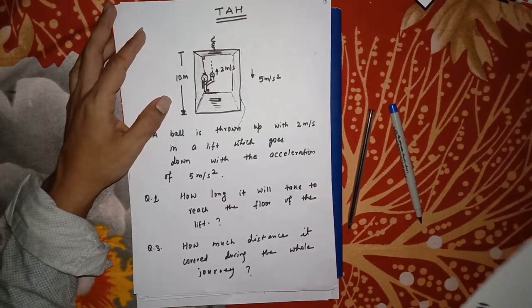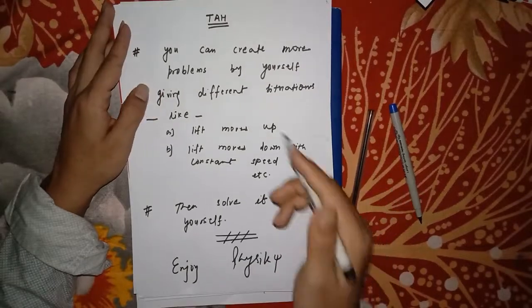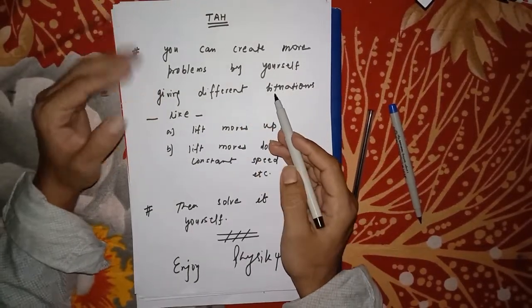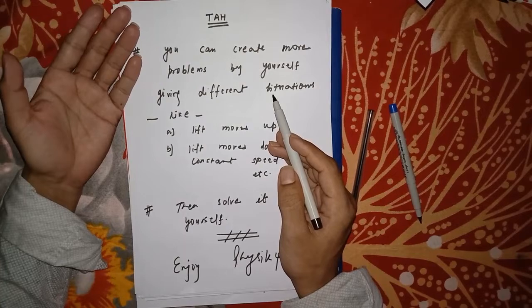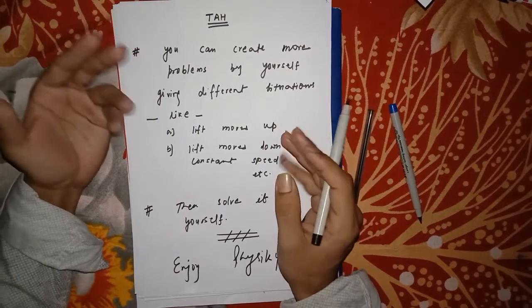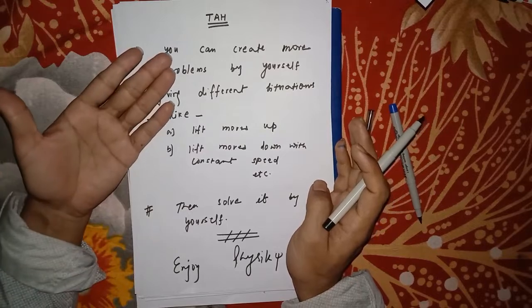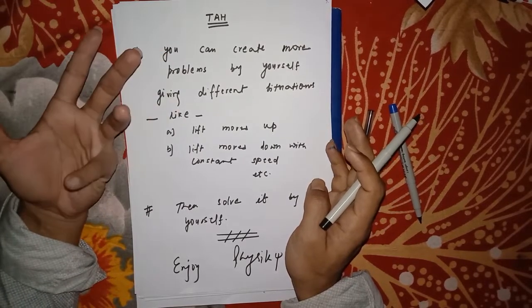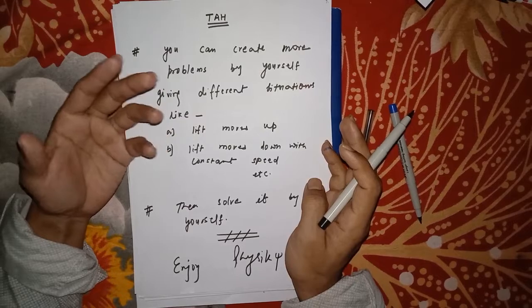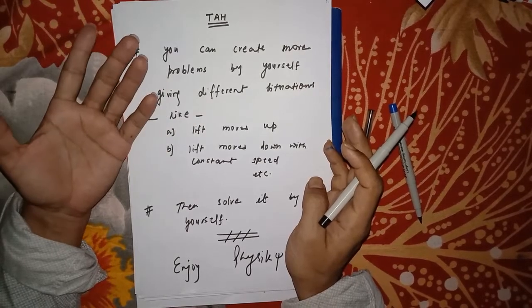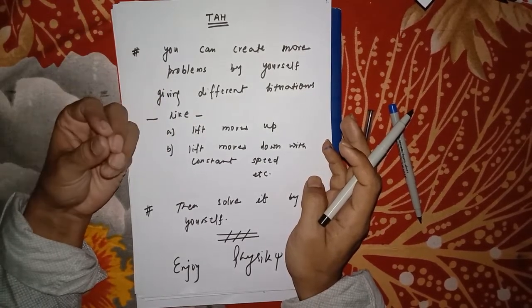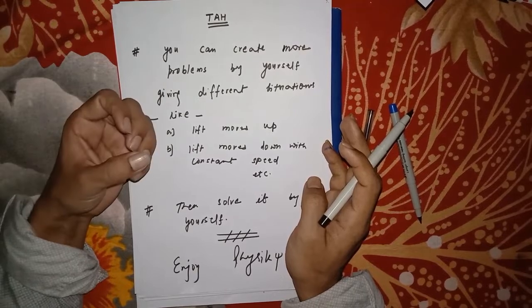And another problem, you can create more problems by yourself, giving different situations in the lift. Like lift moves up, lift moves down with constant speed. Sometimes it may have constant speed, sometimes it may have constant acceleration. Sometimes it may go up, it may go down.